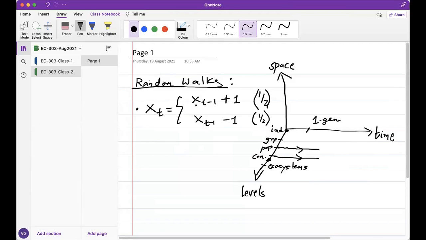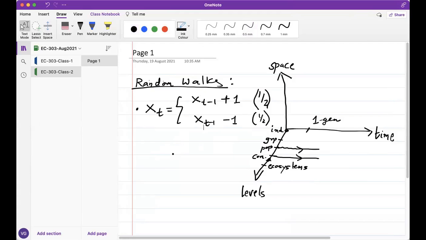The crucial part about this random walk is that the events, or the states of the system, are probabilistic in nature. Unlike the course we studied in the previous semester, where populations changed in a deterministic manner over time, here every event is a stochastic event.